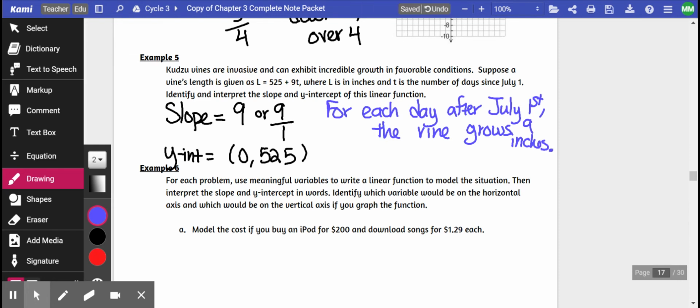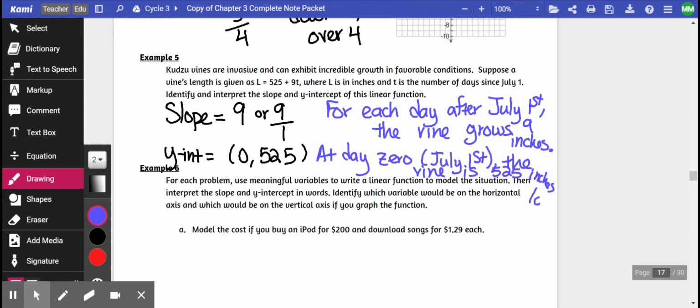And when we look at the y-intercept, remember that the y-intercept represents our starting value. So we can say at day 0, or July 1st, the vine is 525 inches long. Okay.